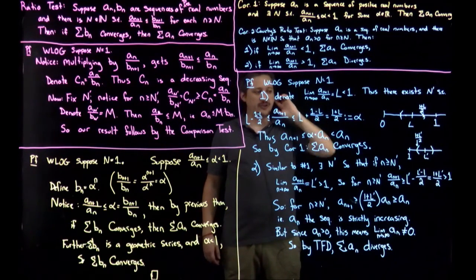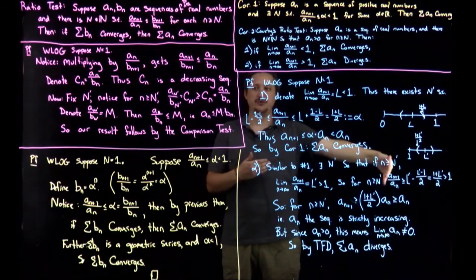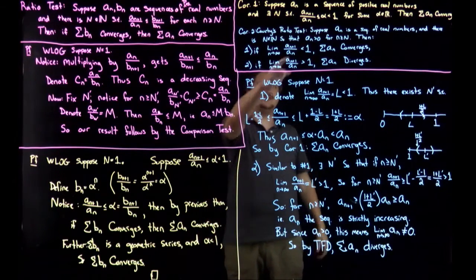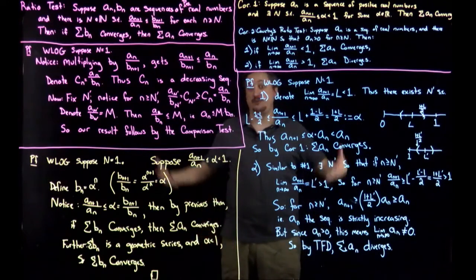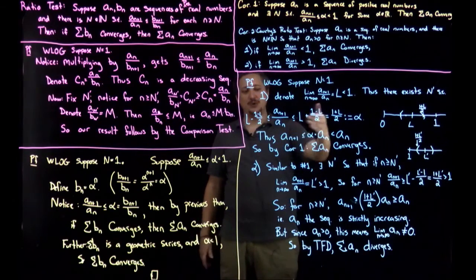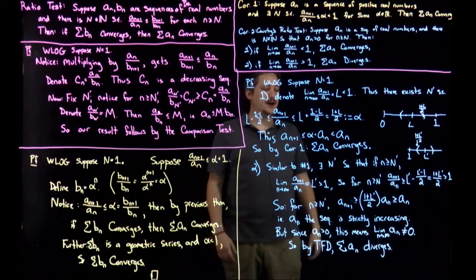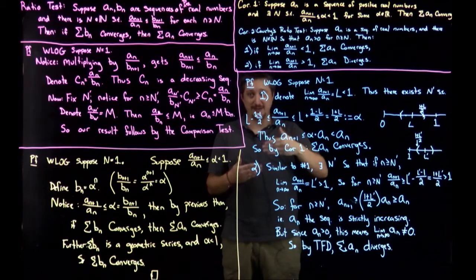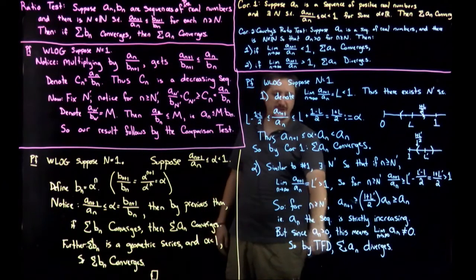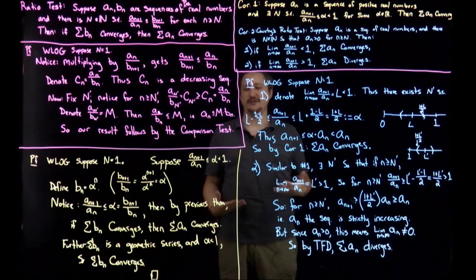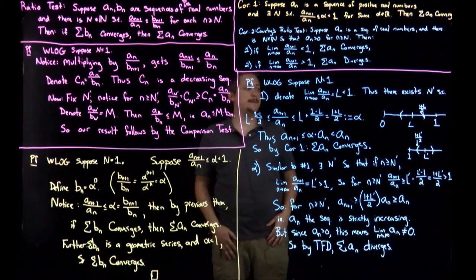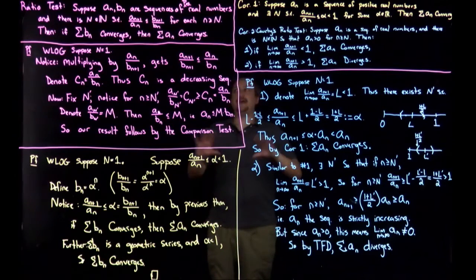So I showed that this is an eventually increasing function, and since it is strictly positive somewhere, as I go far enough in, I will pass that point where it's positive and it's strictly increasing from there, so it can never come back to 0, which tells me that by the test for divergence, the infinite series diverges. Okay? So that is it.